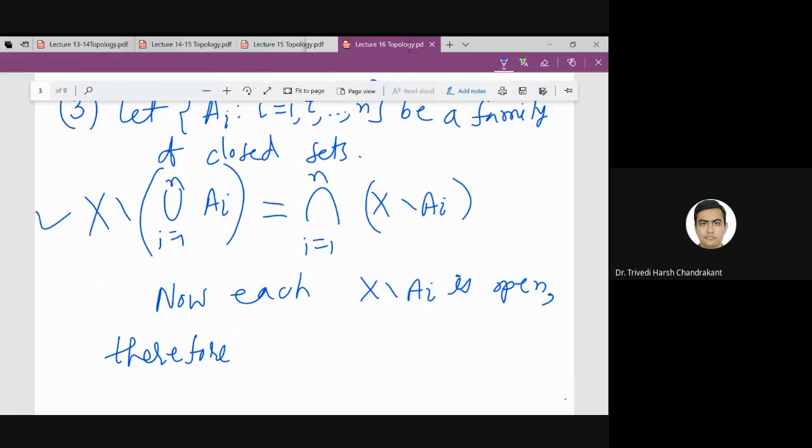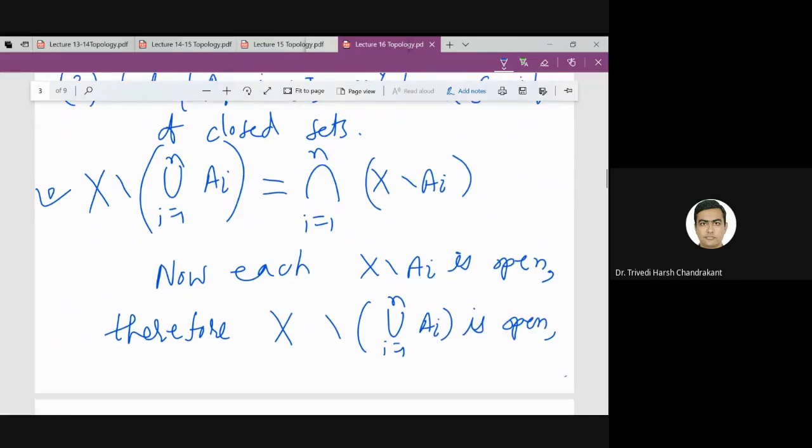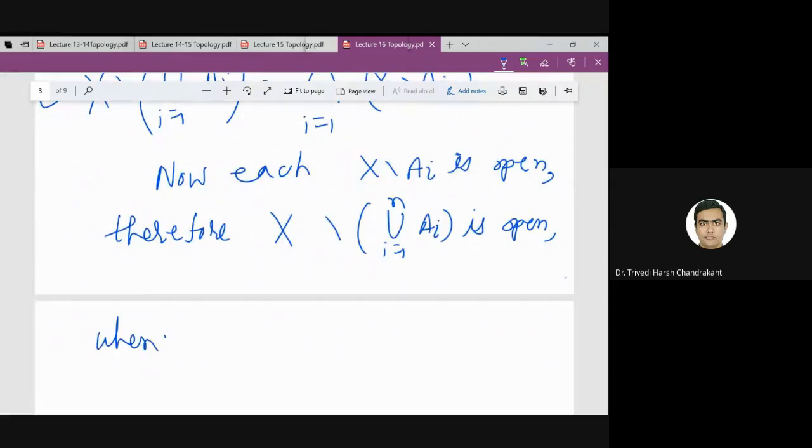Therefore this set is open, and hence the union is closed.